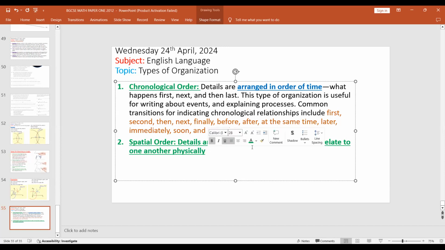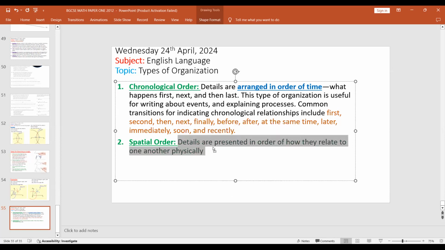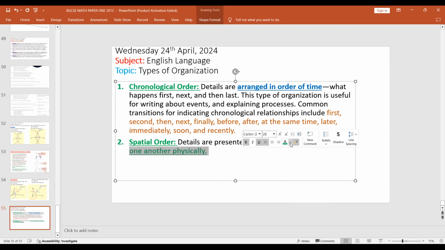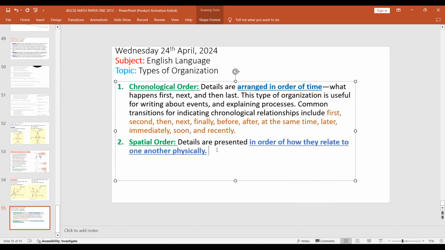So spatial order is the type of order that we use when we're trying to relay details such that we're talking about how they relate to each other physically. This is not in order of time, like chronological order, but in order of how they relate to each other physically. And we do this all the time, right?